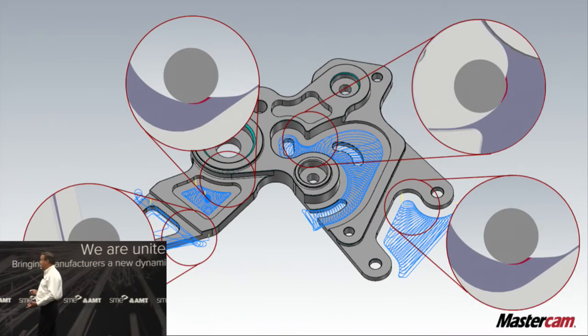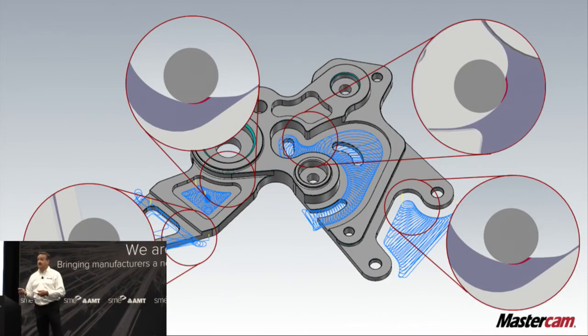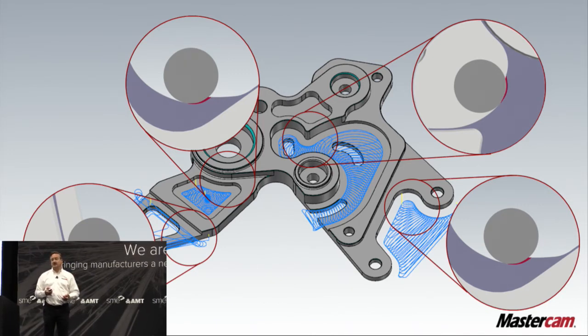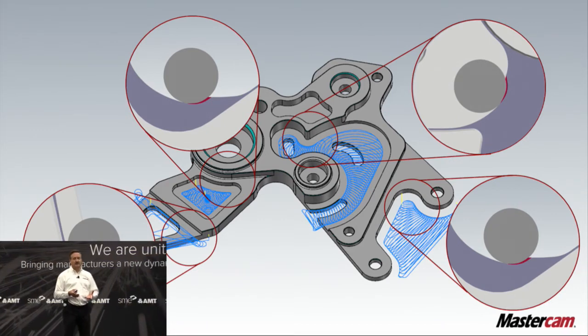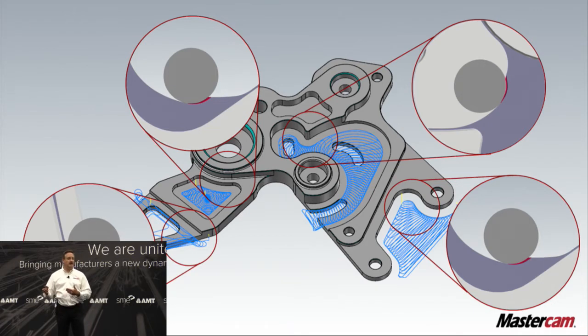Again, we're using dynamic motion, and one of the things dynamic motion does for you is keep a consistent chip everywhere on the part. So even if you're using an inexpensive tool, and we did this on purpose because we didn't want to be burying the tools into corners, we didn't want over-engagement situations.